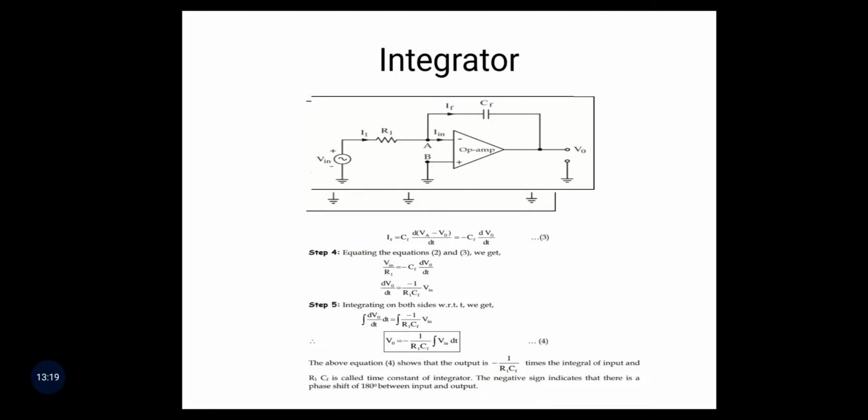Integrating on both sides of the equation, we get the integration of dV0 by dt into dt equal to the integration of minus 1 by R1 CF into Vin. The differentiation cancels, then V0 equals minus 1 by R1 CF times the integration of Vin dt.